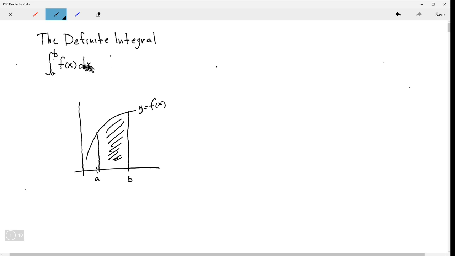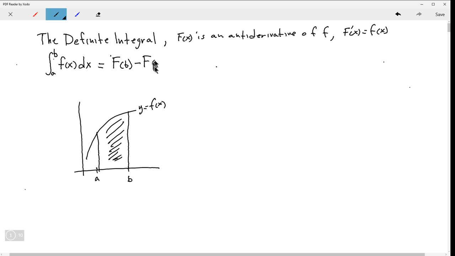And what it says is, if I have the integral from a to b of f of x dx, and I know that capital F is an antiderivative of little f, that means that capital F prime of x equals f, then this integral is capital F of b minus capital F of a.